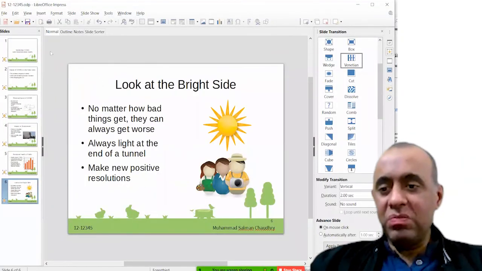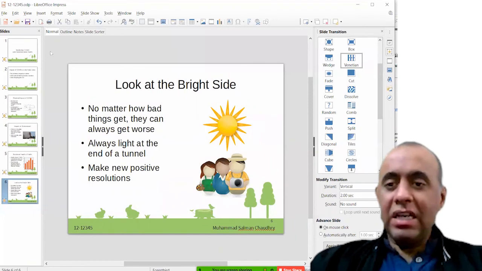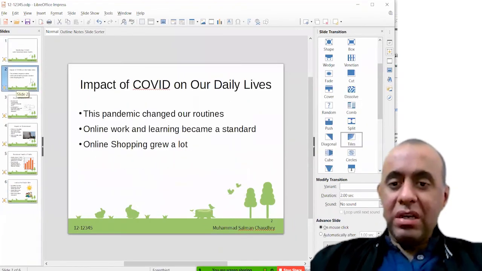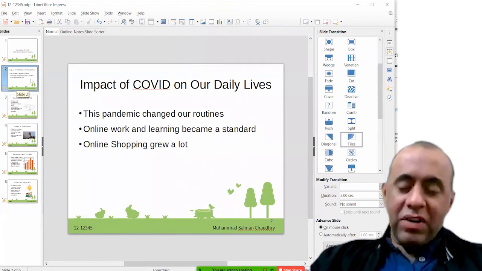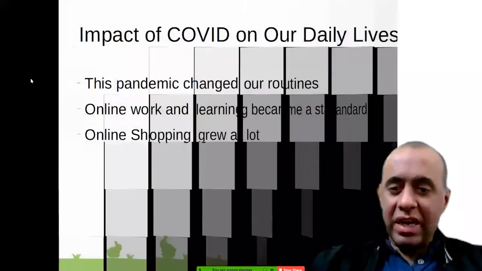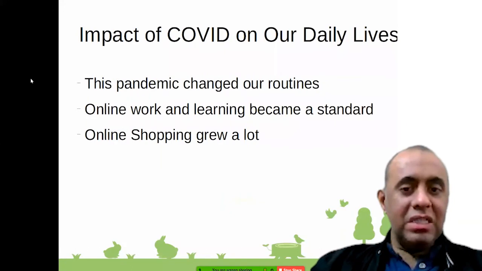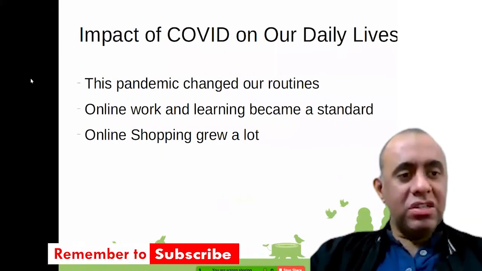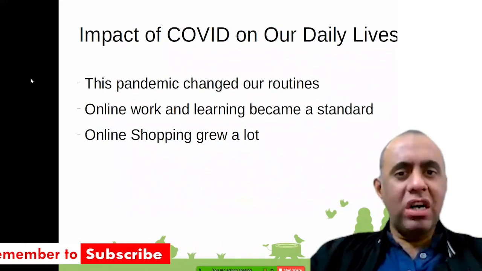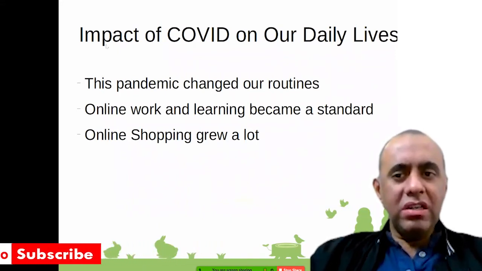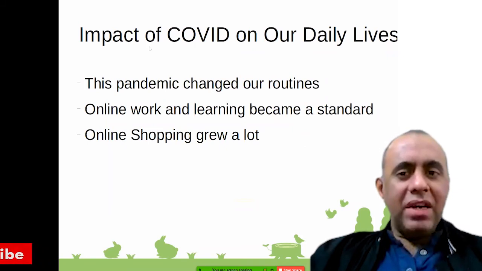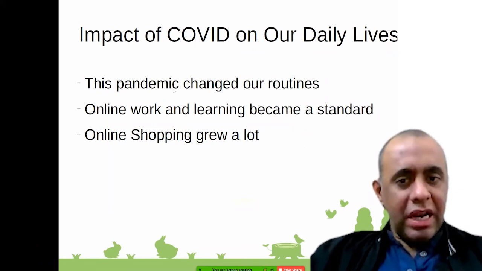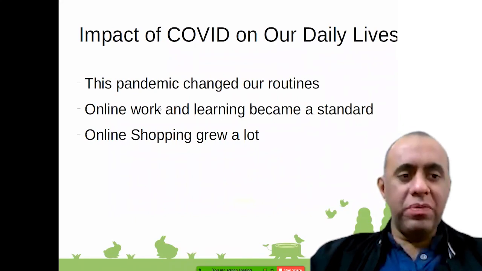The first one was master slide, the second one was slide transition, and the last one is adding animations. So if I see the slideshow for this slide, all of the slide appears at once. I would like to give this presentation in such a way that when I start, only the title appears, and when I click the mouse key, the first line appears and the rest of the two lines don't appear.